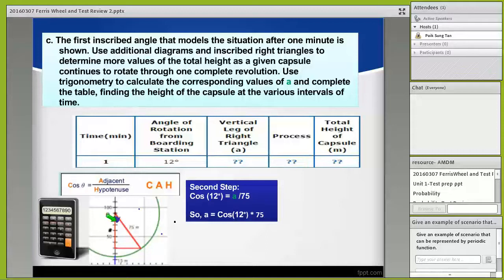So this is theta, this is my opposite, this is my adjacent, this is my hypotenuse. And the length that we want to calculate is the adjacent side.